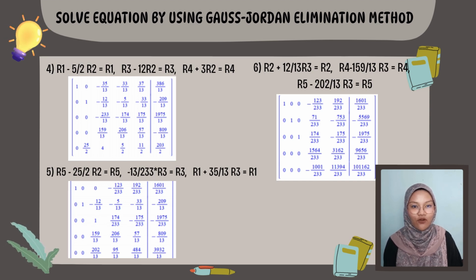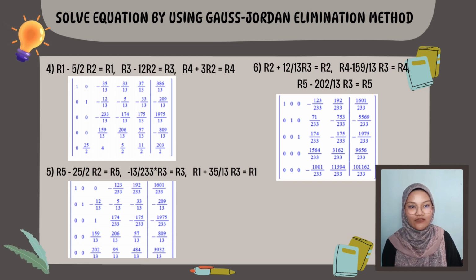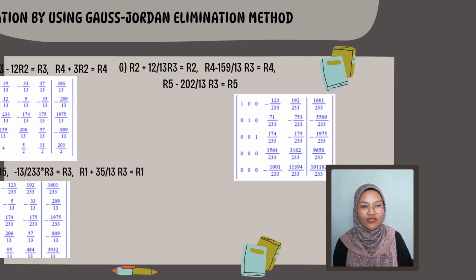Next, for row 2 plus 12 over 13 multiply by row 3. Next, row 4 minus 159 over 13 multiply by row 3. For row 5 minus 202 over 13 multiply by row 3.